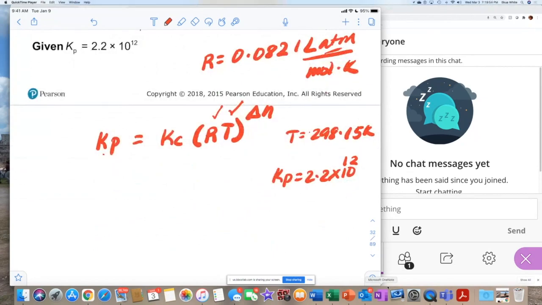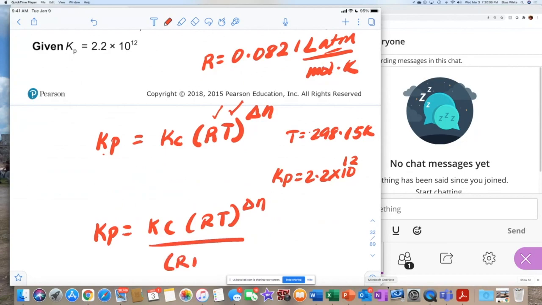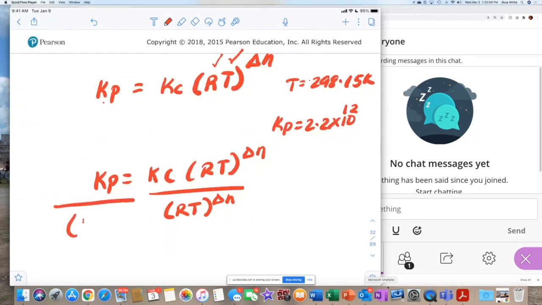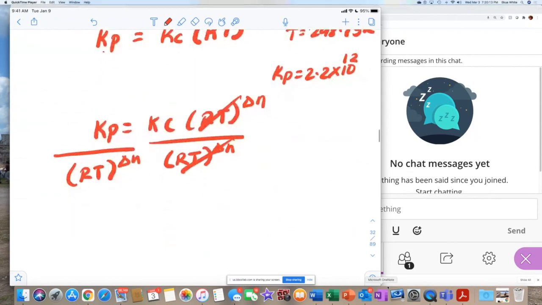I can rearrange this, correct? If I take Kp equals Kc (RT) to the power delta N, I can divide both sides by (RT) raised to the power delta N. That gives me Kc as the subject since I'm solving for that: Kp over (RT) to the power delta N.